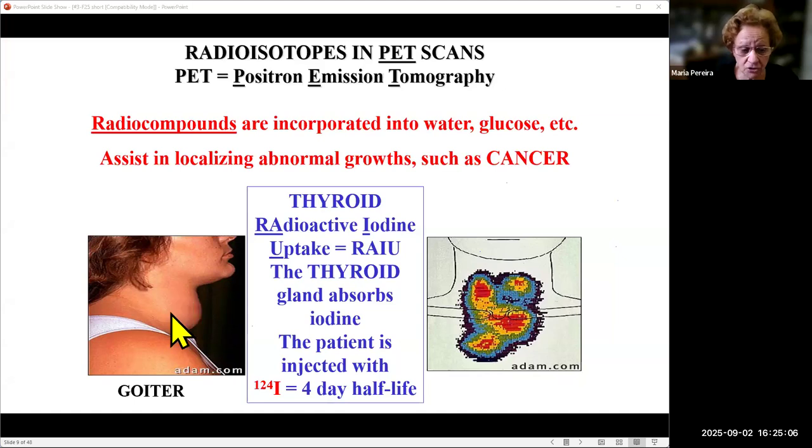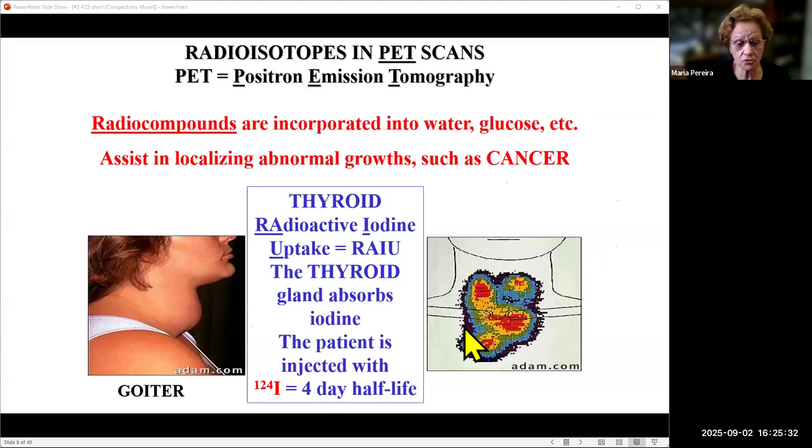And then we get an image of the thyroid. And here you can see the nodules that contain high levels of iodine. So these could be cancer cells or represent nodules that have high levels of this radioactive form of iodine. So that's the advantage of using isotopes.